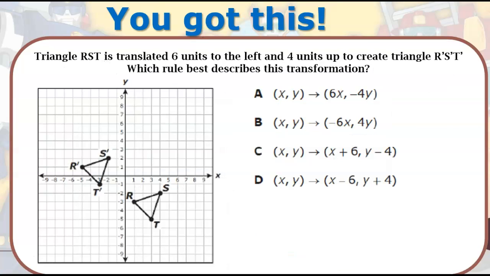Try this one out. It says triangle RST is translated 6 units to the left and 4 units up to create triangle R'S'T'. Which rule best describes this transformation?